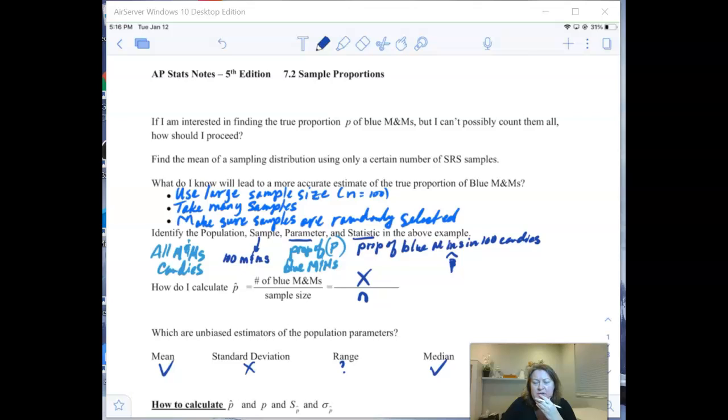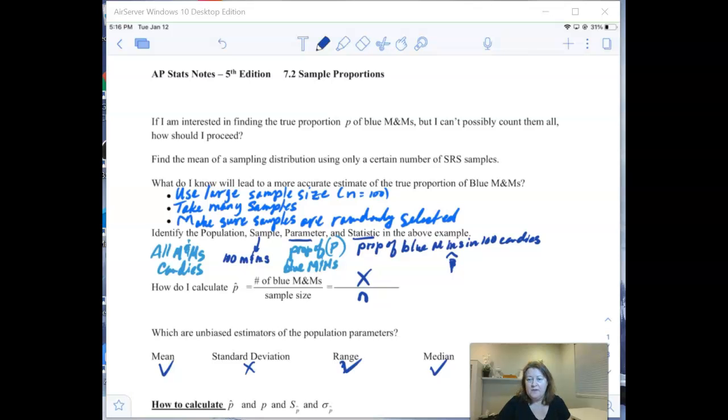Let's go back to what we were doing yesterday in class and think about when we were calculating the means of those chapter 6 scores. If I took the range of the actual population, those would be the individual scores. And then if I took a range of a sample, I should still get the same, right? I think so.